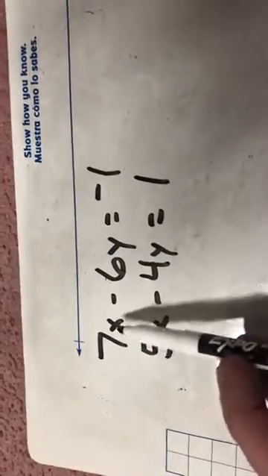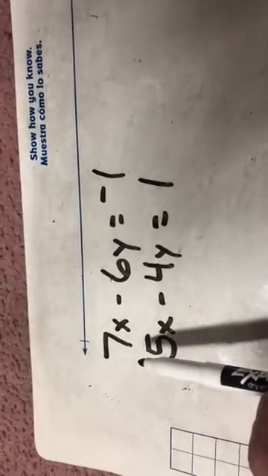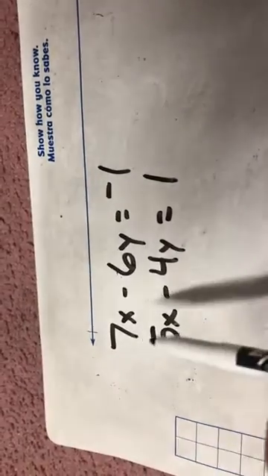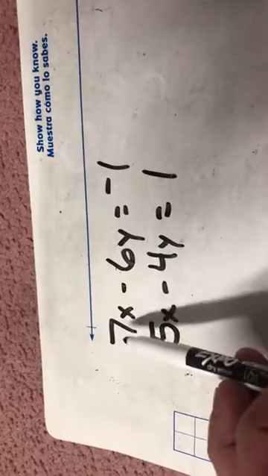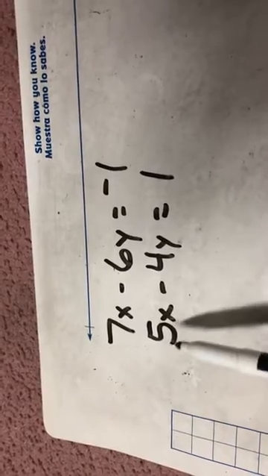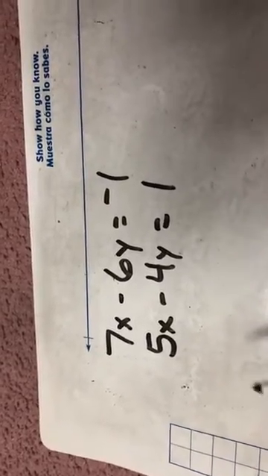And so I could think about 7 and 5, and 35 would work. But if I were to use 35, I'd be multiplying this whole thing by 5, because 7 times 5 is 35. And I would be multiplying this entire equation by 7, because 5 times 7 is what makes 35.